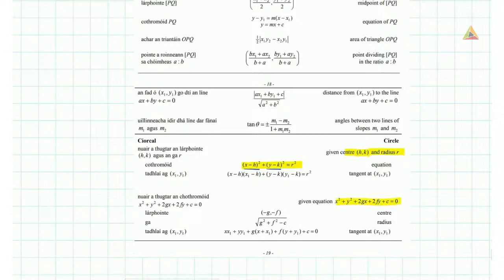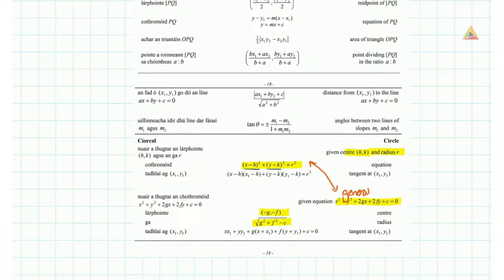That one is what we call the general equation of the circle. These two are equivalent, but one is just the multiplied out form of the other. Very important, (-g, -f) is your center, and your radius is the square root of g squared plus f squared minus c, where g, f, and c are just numbers. So they're going to become quite useful also.